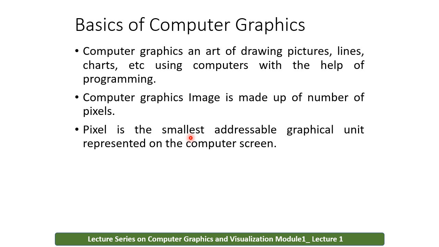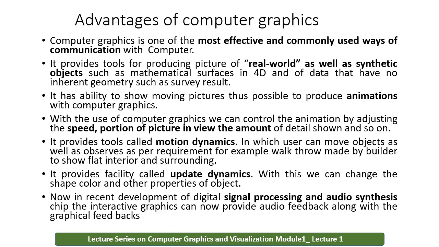Computer graphics is a combination of a number of pixels, as we have just discussed in raster graphics, which is able to differentiate between the foreground and the background. That can be easily produced with the help of the number of pixels.